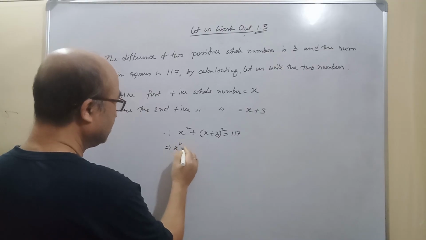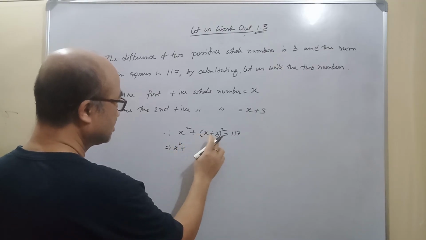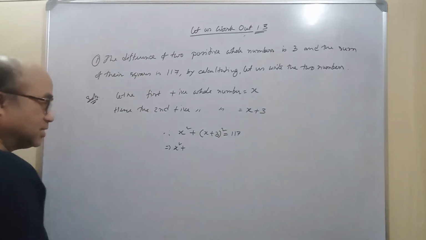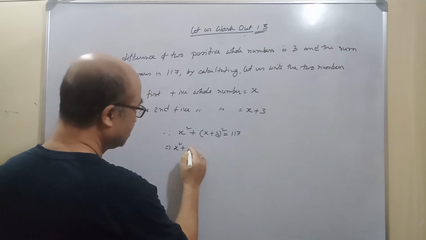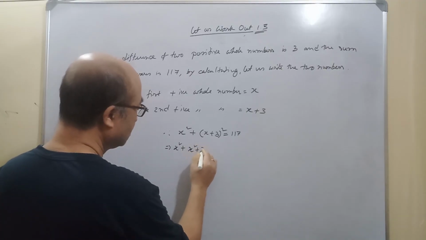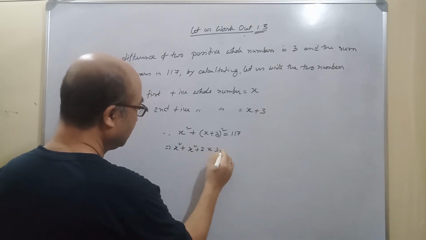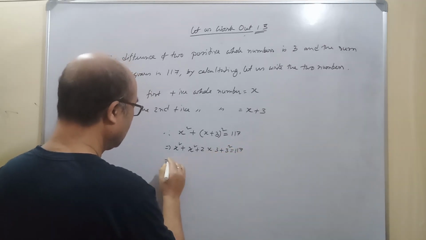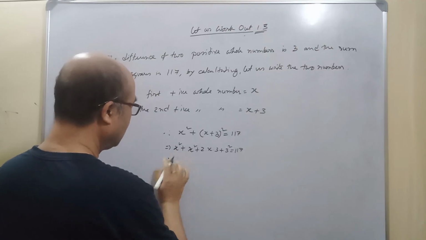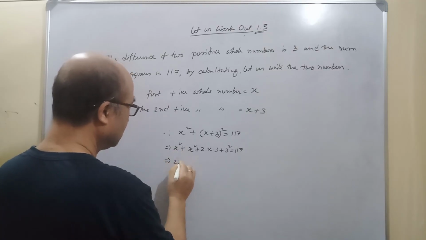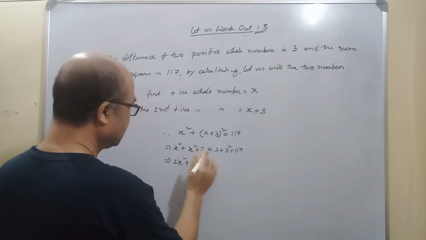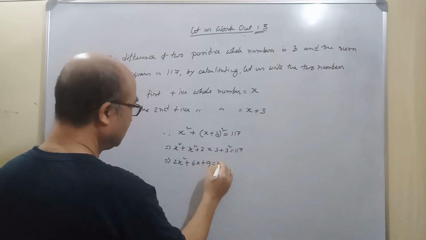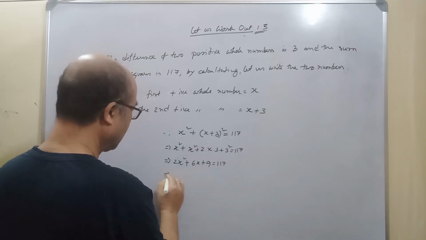We get x square plus x plus 3 whole square, that is the a plus b whole square formula. And what is a plus b whole square? It is a square plus twice ab plus b square, right? And this is equal to 2x square plus 6x plus 9 equal to 117.